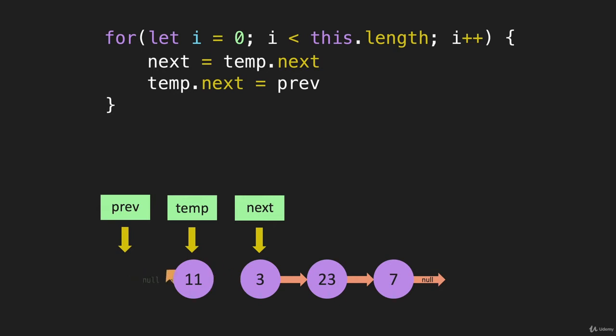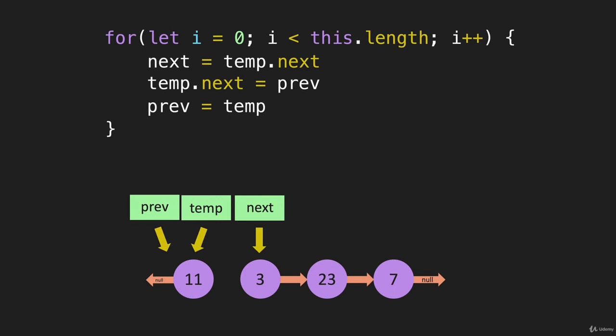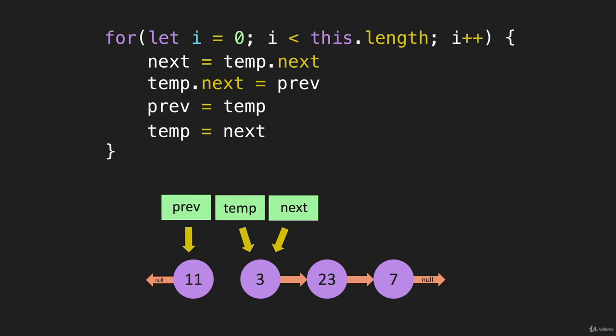We're going to set that equal to previous. So in this case, that's just going to point it to null. Previous equals temp. That's going to move that up. And temp equals next. See, this is why you need that next variable there, is it's going to enable you to cross this opening. So you have to have something on the other side of temp to be able to cross the opening. But look at now, the opening is on the other side of temp. So that's why you need previous.